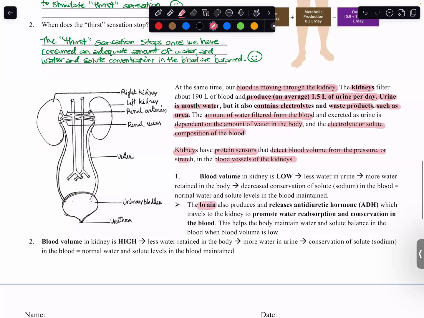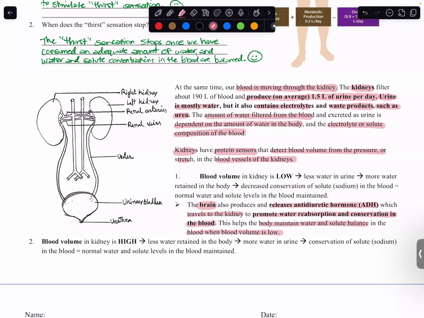Now, the brain, the good almighty brain, also produces and releases antidiuretic hormone, which is ADH, which travels to the kidney to promote water reabsorption and conservation in the blood. This helps the body maintain water and solute balance in the blood when blood volume is low, right?